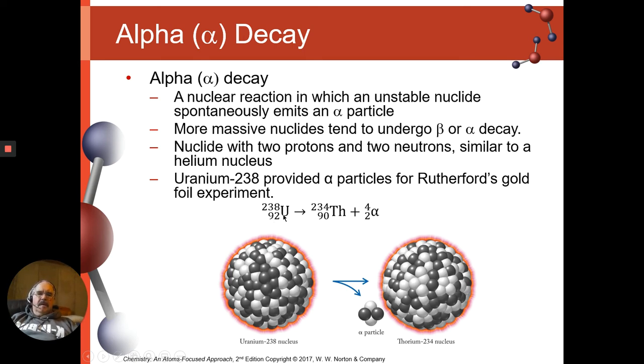The bottom number is the number of protons. The top number is the mass number, which is protons plus neutrons. So if we take the difference between 238 and 92, that would tell us how many neutrons were present. Again, we add up the superscripts. 234 plus 4 is 238. 90 plus 2 is 92.